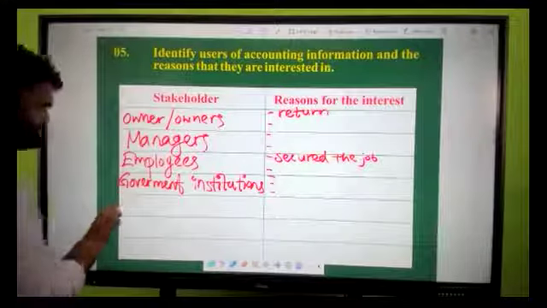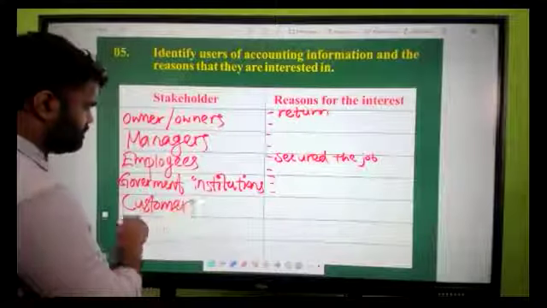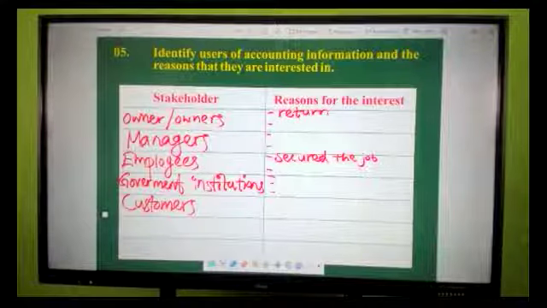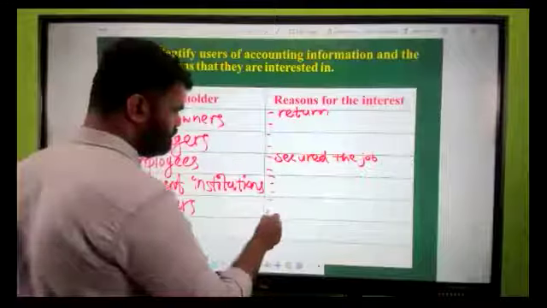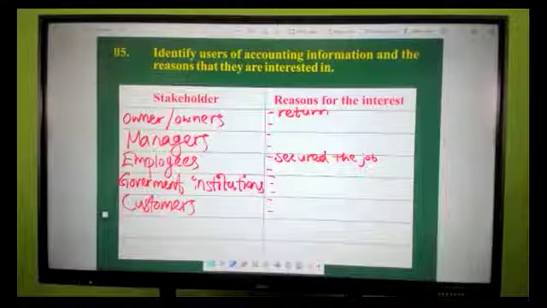Next part is customers. 2 more after this. By being customers, why do we want this? Let's type 2 points. Number 1, is the business stable?